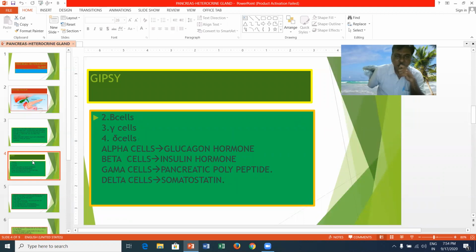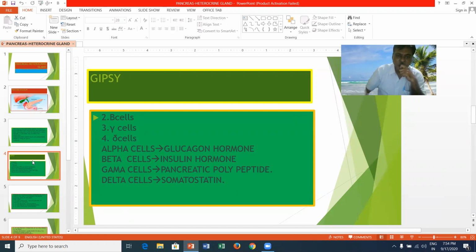Alpha cells release a polypeptide hormone, that is glucagon. It is a hyperglycemic hormone. It increases the blood glucose level, whereas the beta cell releases a hormone called insulin. It is a hypoglycemic hormone or anti-diabetic hormone, whereas gamma cells will release pancreatic polypeptide.